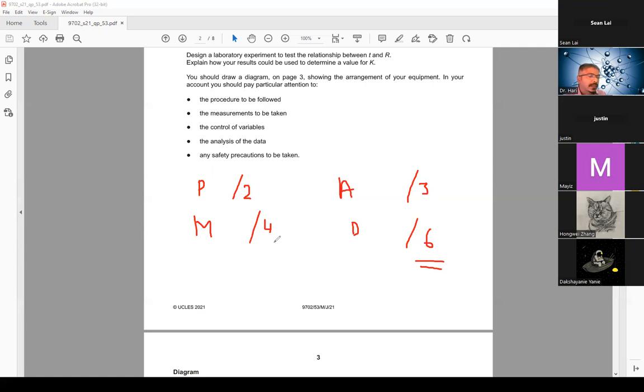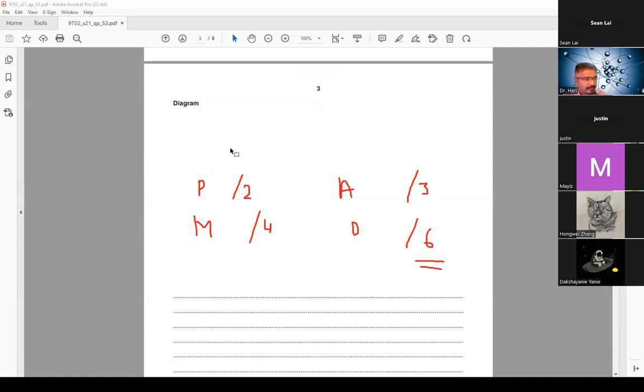The reason is because most of the time students start with the diagram, because that is the first thing that you see under the space to answer, to write your answers or your procedures and method. You see the diagram, you want to fill up the space with drawing.